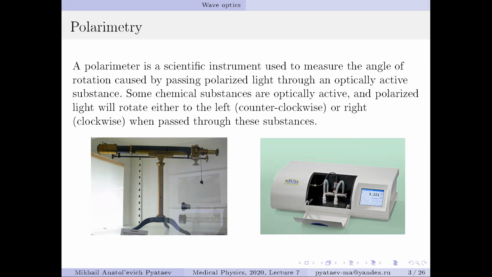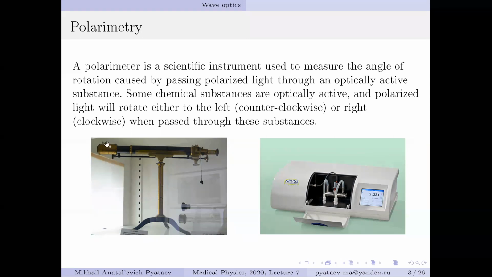The concentration of sugar can be measured using the device which is called a polarimeter, which contains a long tube filled with liquid, and the edges of the tube are covered with glass, so they're transparent.